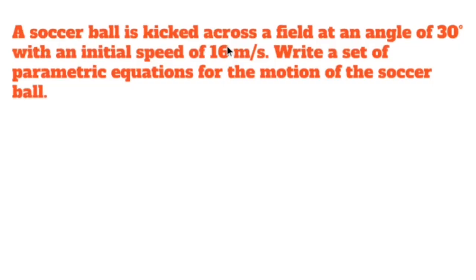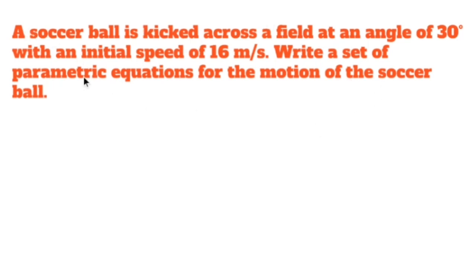A soccer ball is kicked across a field at an angle of 30 degrees with an initial speed of 16 meters per second. Write a set of parametric equations for the motion of the soccer ball. All right, generally speaking, parametric equations are x equals stuff, y equals stuff.